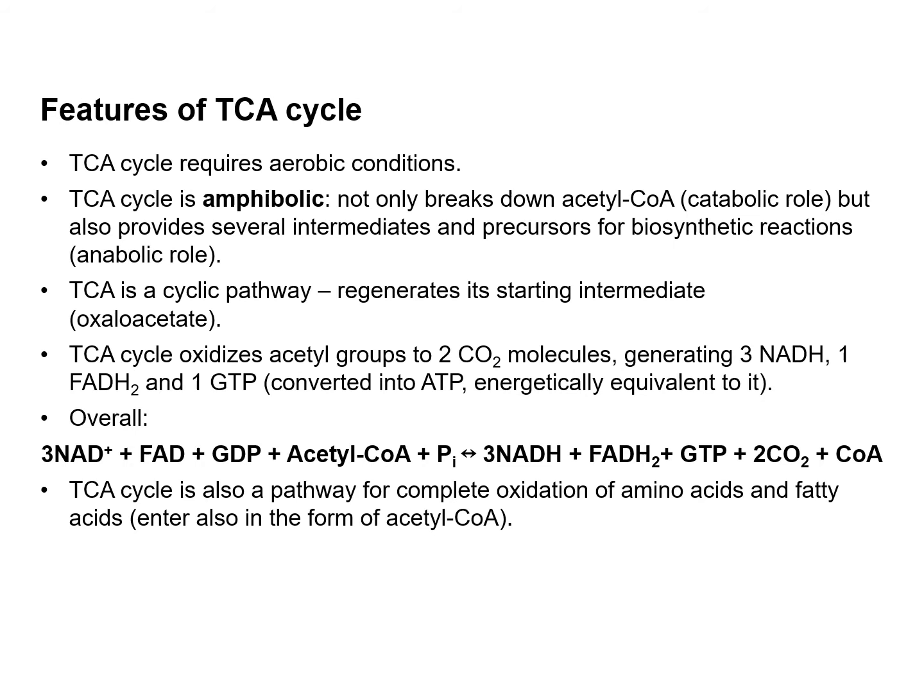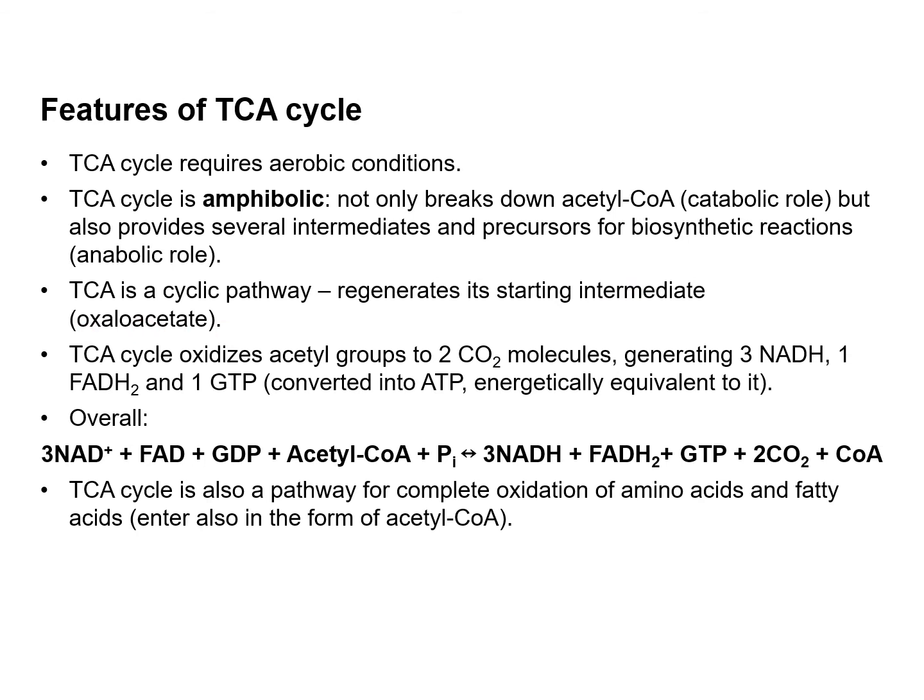These are features of the TCA cycle. The TCA cycle requires aerobic conditions, and it is amphibolic, meaning that it has both catabolic and anabolic roles. So it not only breaks down acetyl-CoA, but also provides several intermediates and precursors for biosynthetic reactions. The TCA cycle is a cyclic pathway, so it regenerates its starting intermediate, which is oxaloacetate.